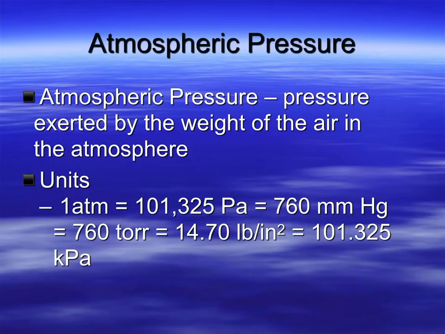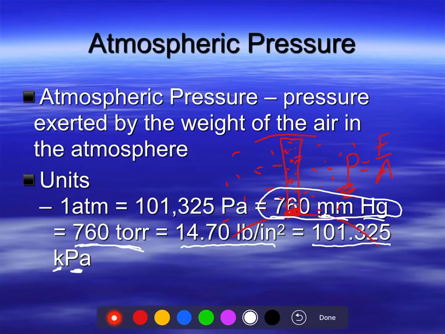So an example would be, let's say you had 2.3 ATMs, and I wanted to know how much that is in pounds per inch squared. Well, you would do dimensional analysis.